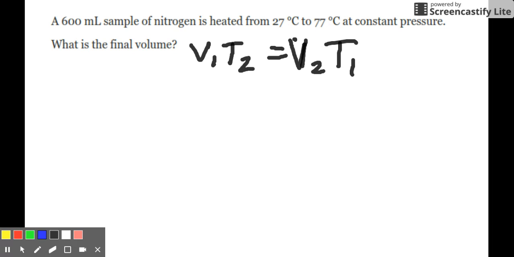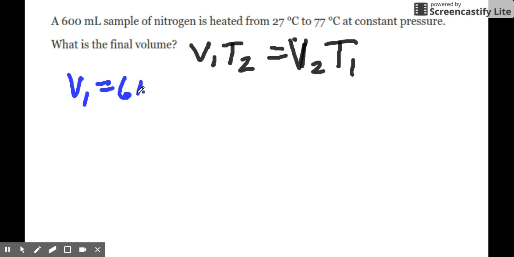So the 600 ml sample is your V1, and you heat it from 27 degrees to 77 degrees. So 27 is your initial temperature. In all gas laws, temperature has to be converted to Kelvin before you substitute.